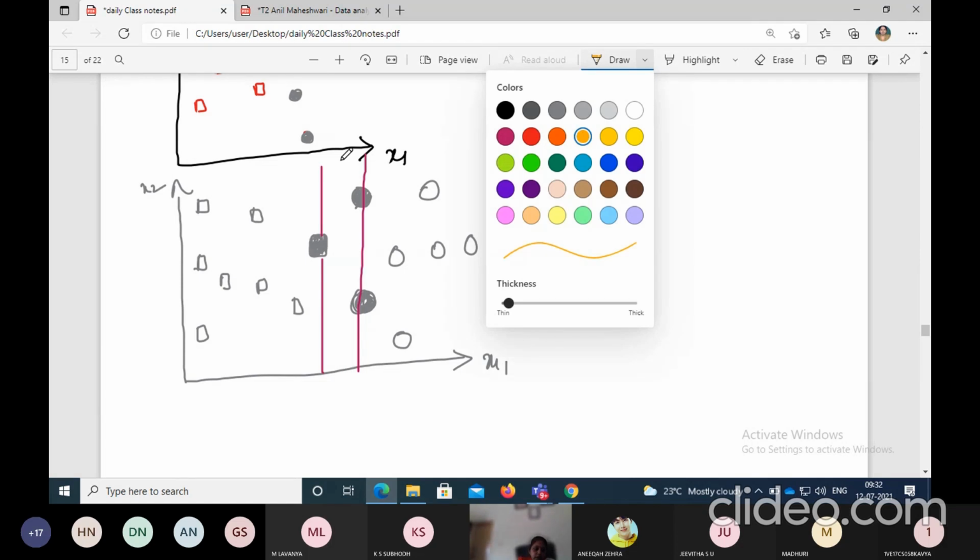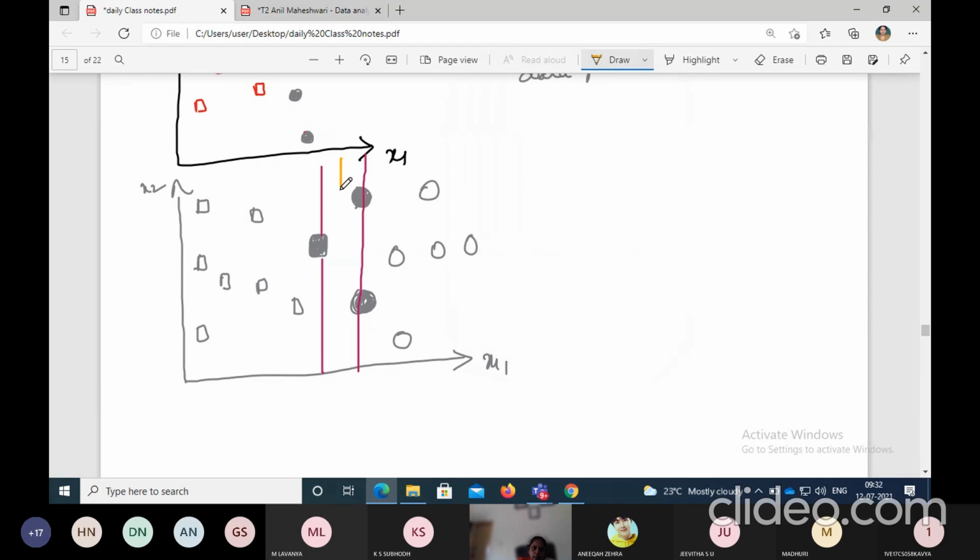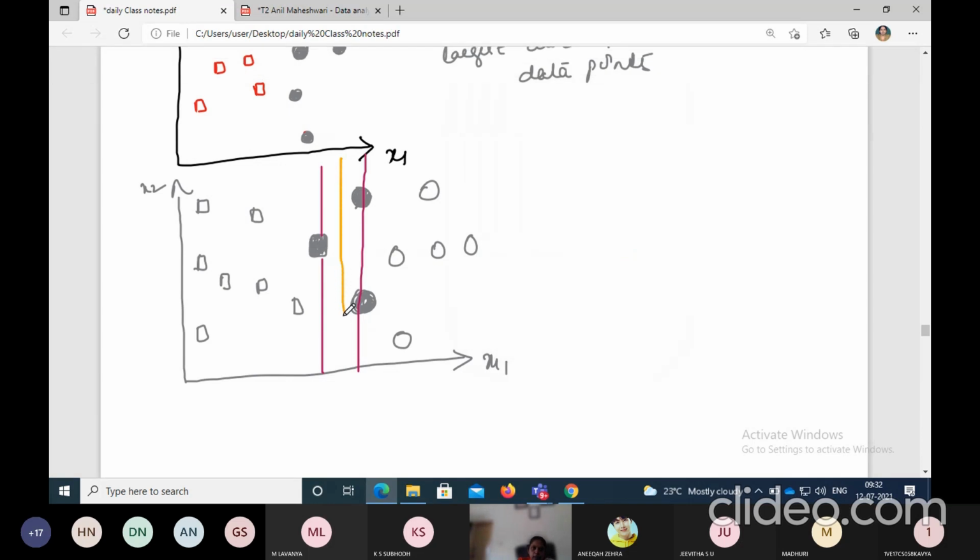So this is the thick line which I am drawing in yellow. This thick line is called the optimal hyperplane.